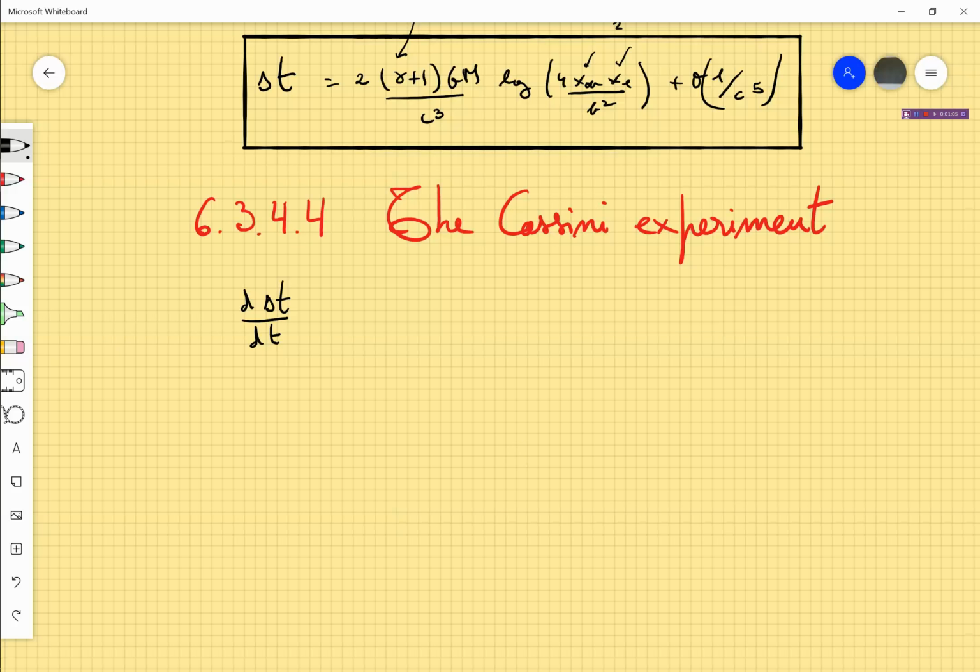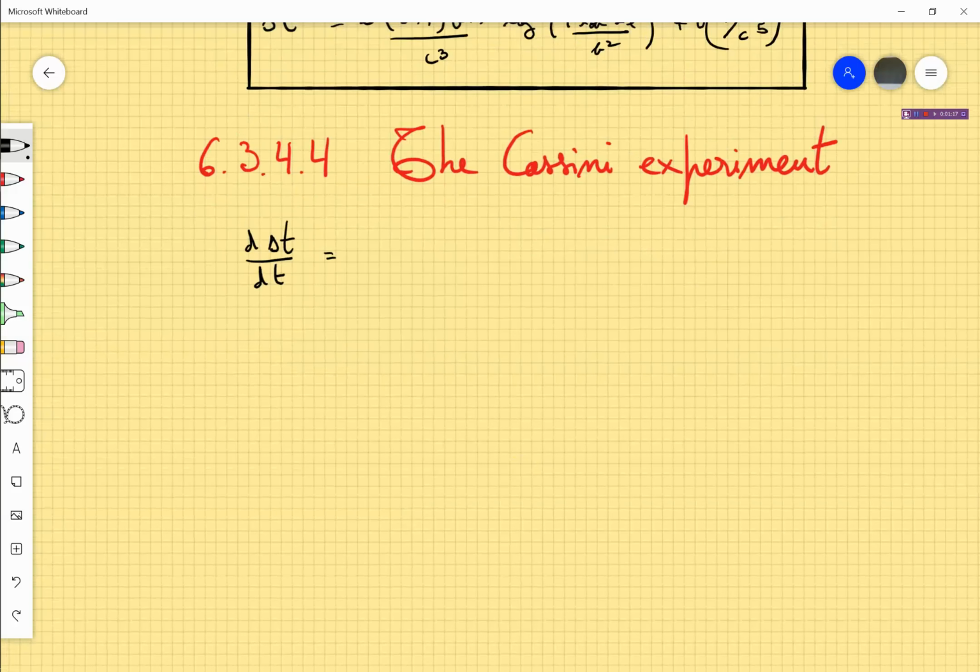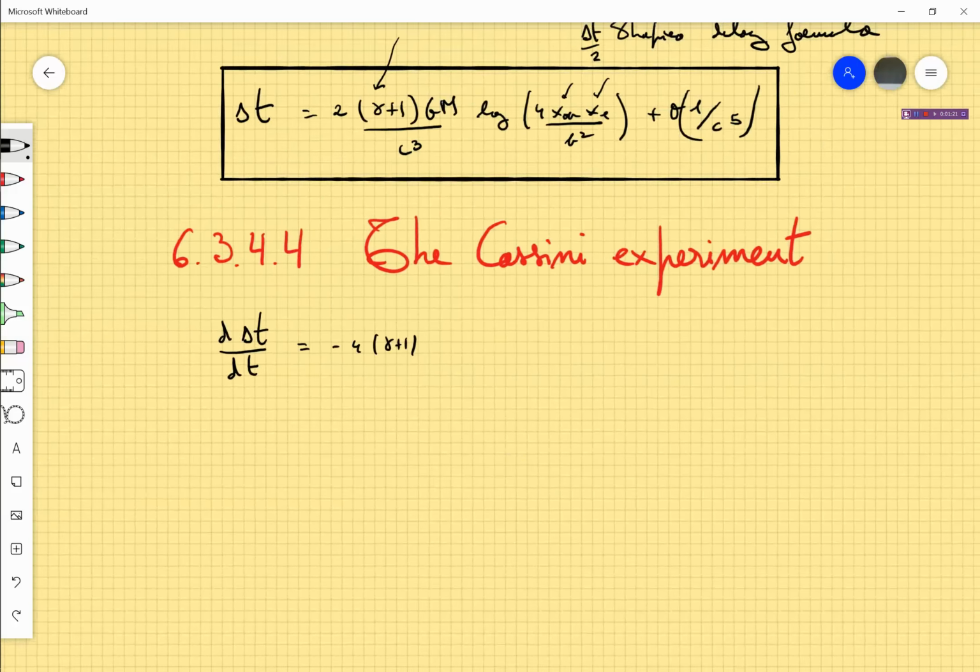So when we take the derivative, we can ignore them. And the result is that the derivative only acts on b. So you get minus 4 (gamma plus 1) GM divided by c cubed times 1 over b, db/dt.